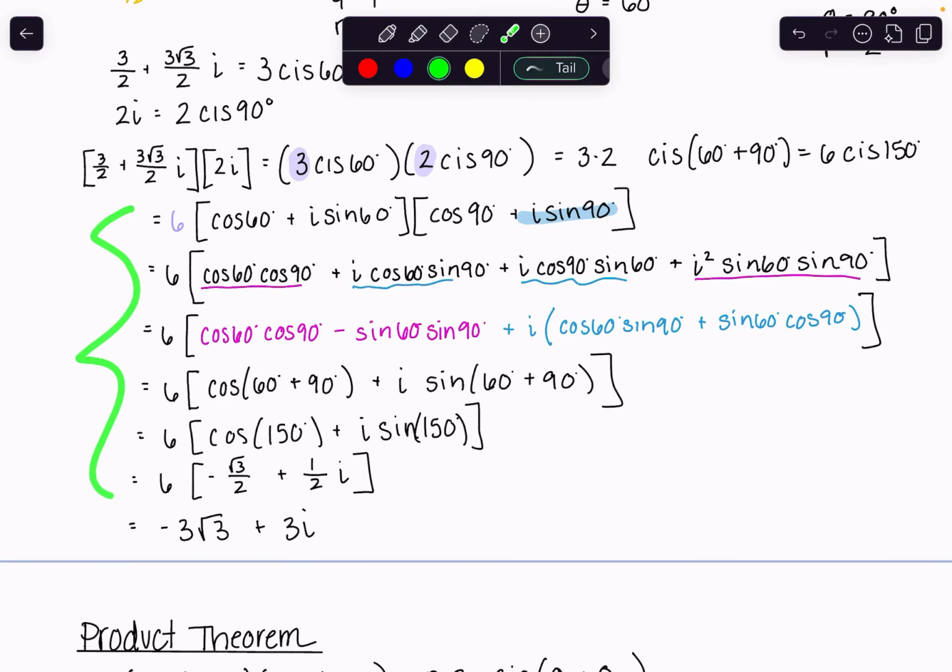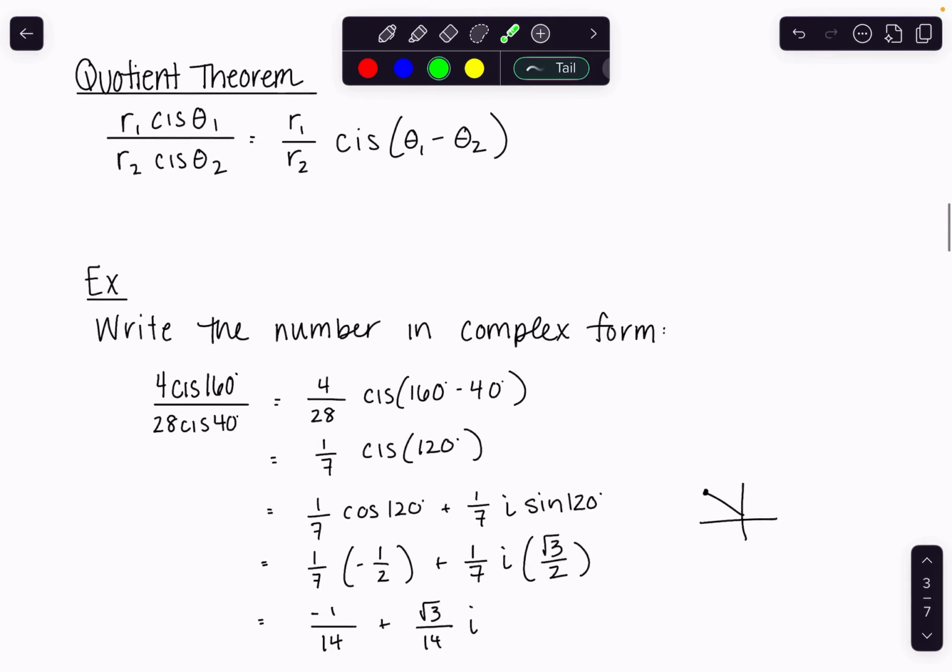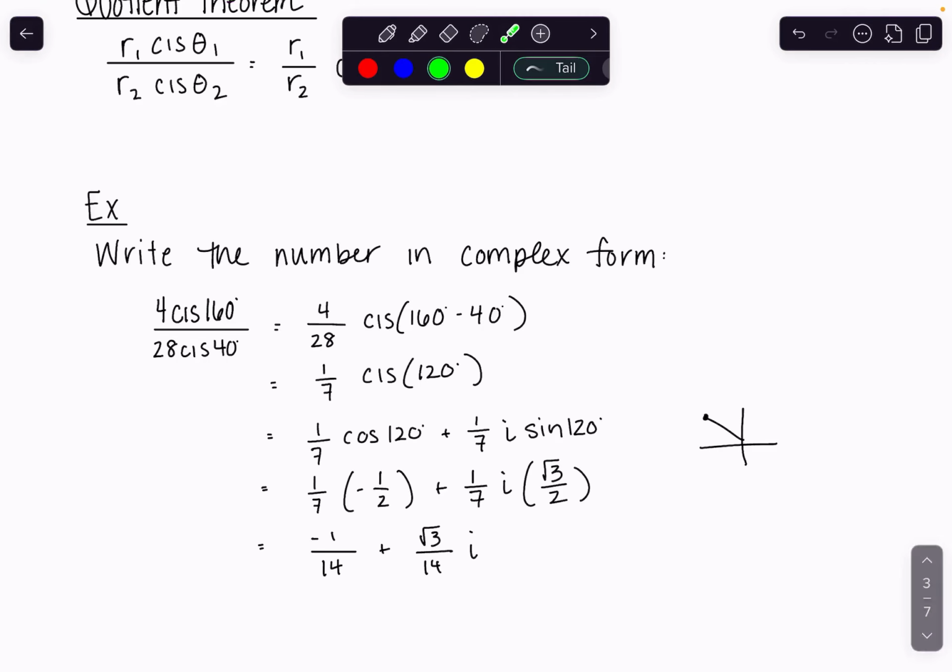So we did this just to prove that formula and show where it comes from. But again, it makes life much easier when you have complicated stuff, or if you're given angles that don't have a very nice complex form, because 160 degrees would not have nice outputs for cosine and sine. Same thing with 40 degrees. So in the end, we were able to get clean coordinates.